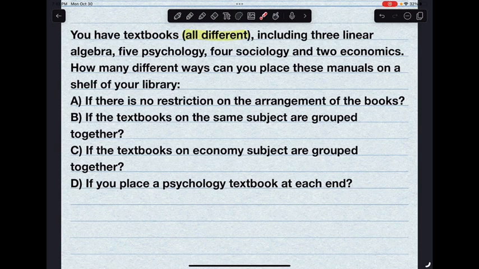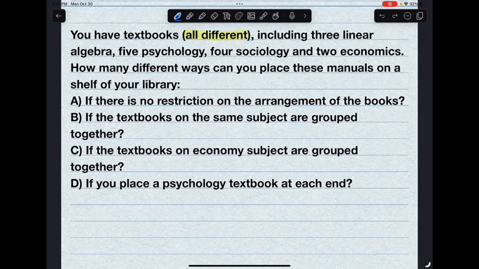We have 3 plus 5, 8, 8 plus 4, 12, 12 plus 2, 14 different objects. It's a shelf of a library, so that means there is an order, like 1, 2, 3, 4, 5 to 14. We have 14 places with order, the first book, second book, third book to the last book. So there is an order, and there is no restriction on the question.